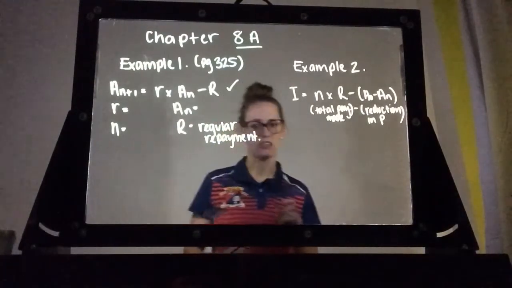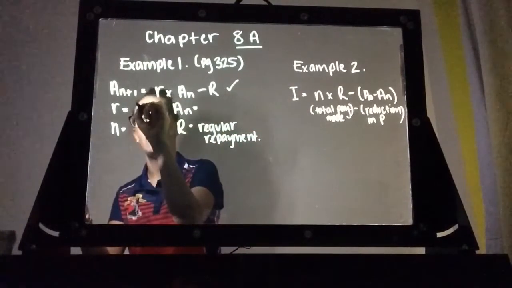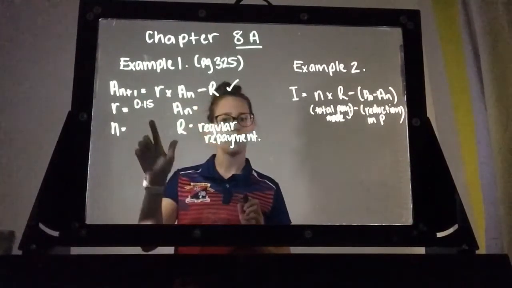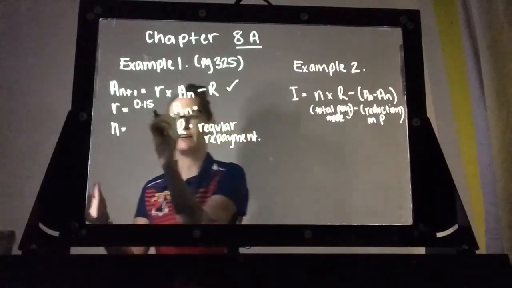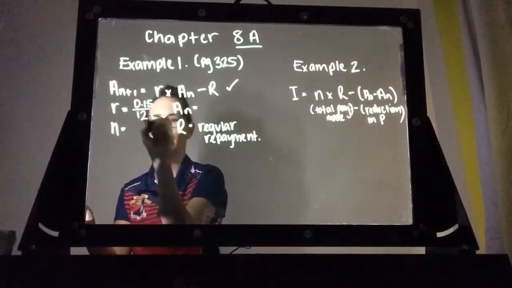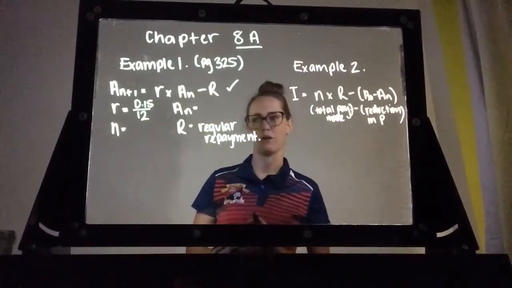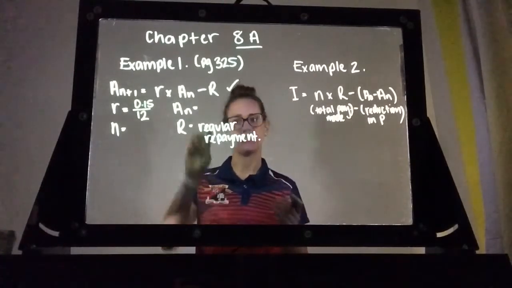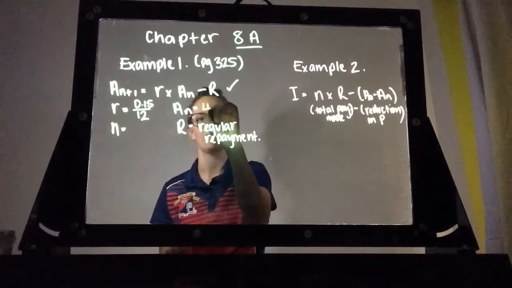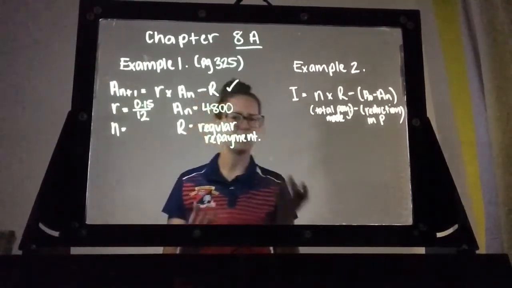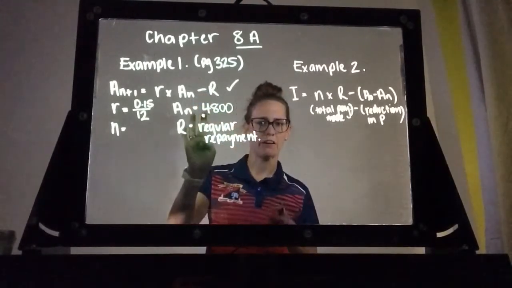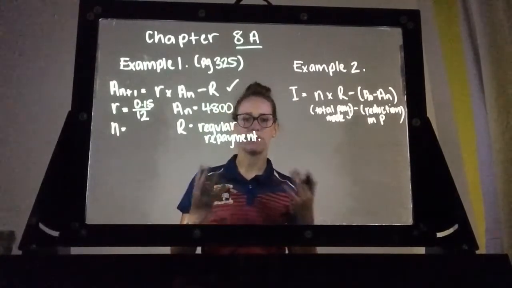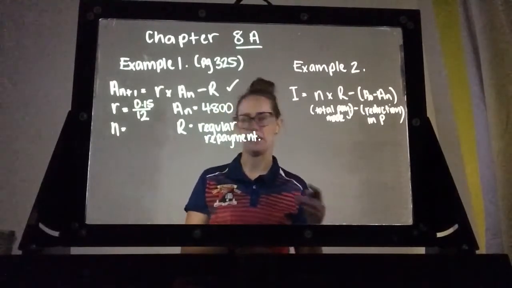Let's write down the information we know. For example, I know my rate is 0.15. Now when we're looking at this recurrence relationship though, it's compounding monthly. So we're going to put divide by 12. The initial value, well for our first calculation, our initial value is going to be 4,800 because that's how much the loan's for. This will change for our second calculation. Our end value is the amount of compounds that occur for that year.